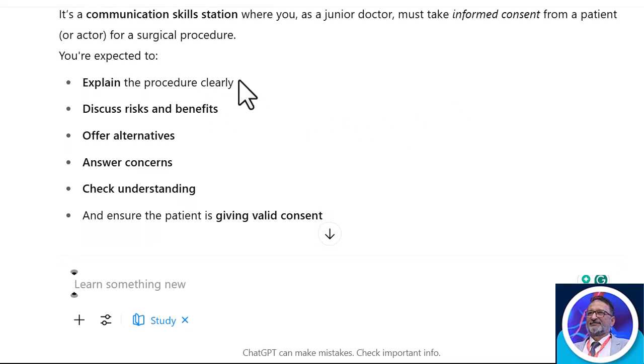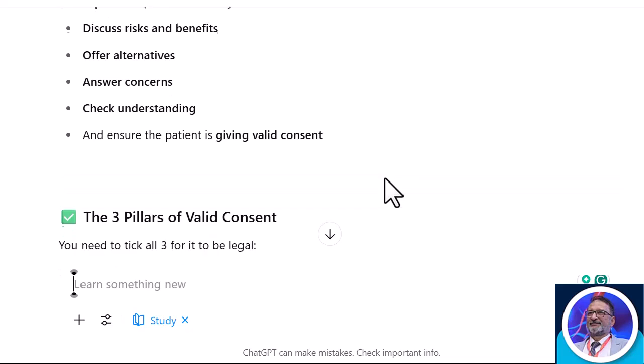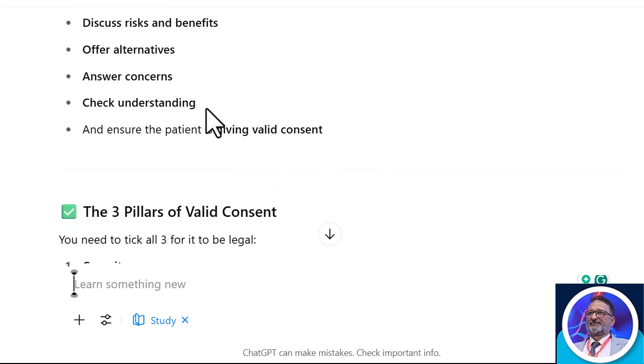And you need to know how to explain the procedure, to discuss risks and benefits, how to answer patient concerns, how to check understanding. You need to stop and ask the patient, do you understand what I'm saying, or shall I clarify it more? This is in order to get a valid consent according to UK practice.